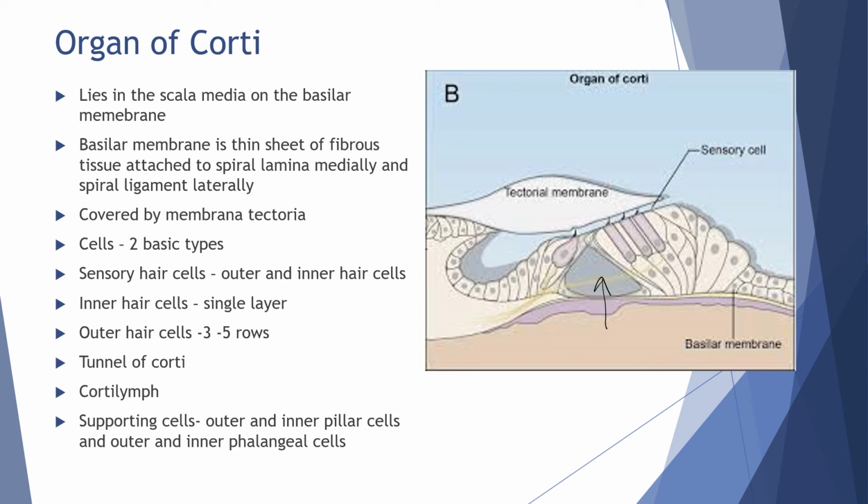Then there are supporting cells. So one type of cell is the sensory hair cell, the other type is the supporting cell. The supporting cells are again divided into outer and inner pillar cells and outer and inner phalangeal cells, which are the supporting cells.